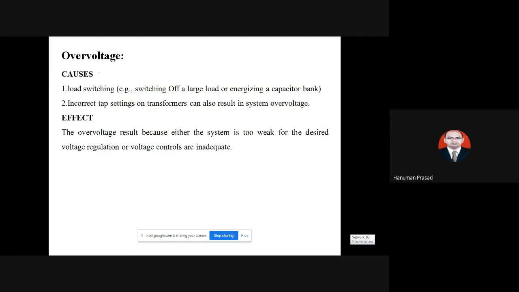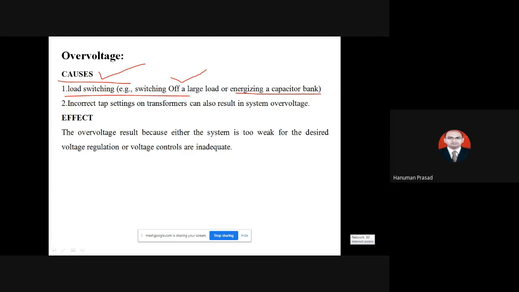What are the causes of over voltage? First reason is load switching. Load switching means switching off a large size of load, or energizing the capacitor bank.